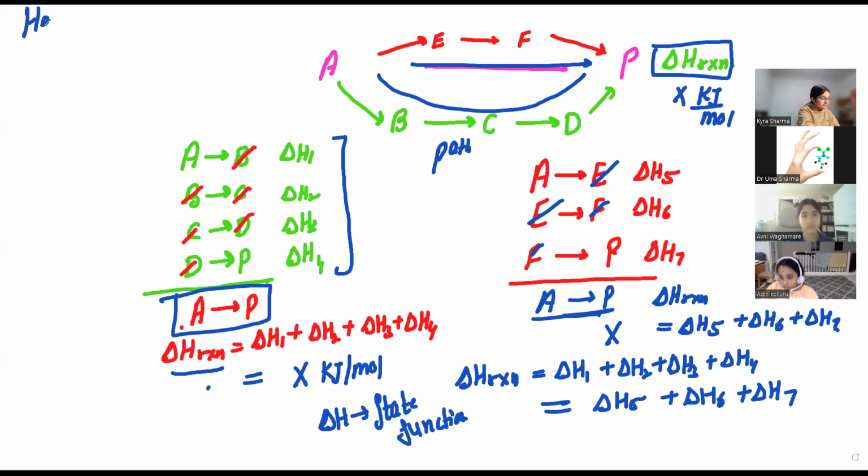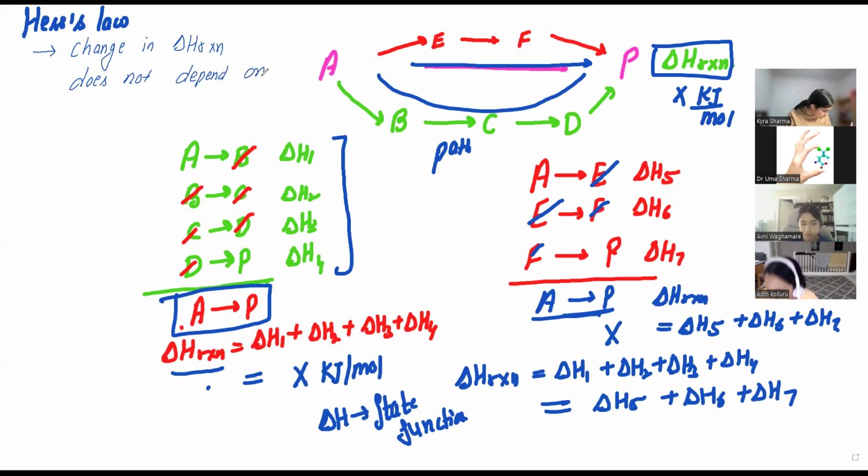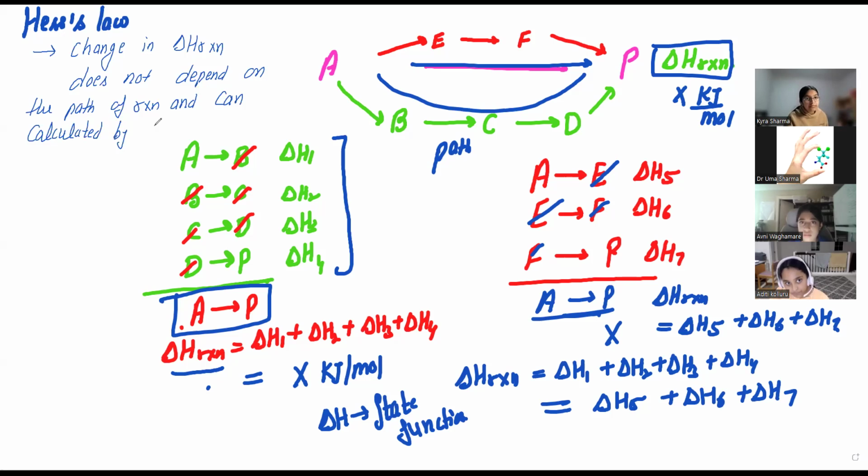So what is Hess's law? Hess's law states that the change in enthalpy of a reaction, delta H of the reaction, does not depend on the path of the reaction and can be calculated by adding or subtracting.